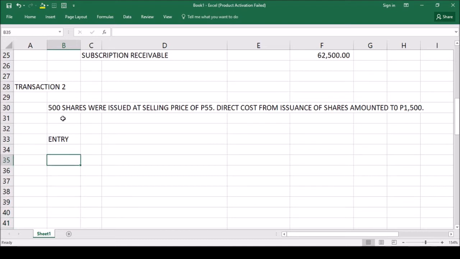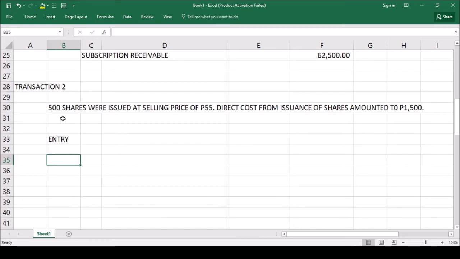Una, if this were issued, we assume this were issued in exchange of cash. Kasi silent naman yung problem. If the problem is silent as to what type of issuance is that, or ano ang exchange on the issuance of the shares, we assume that it is issued in exchange of cash.